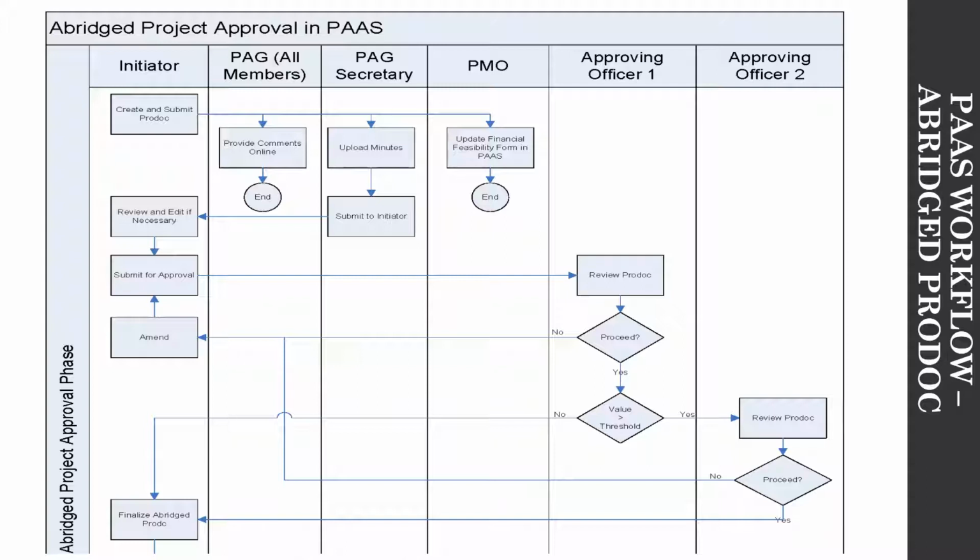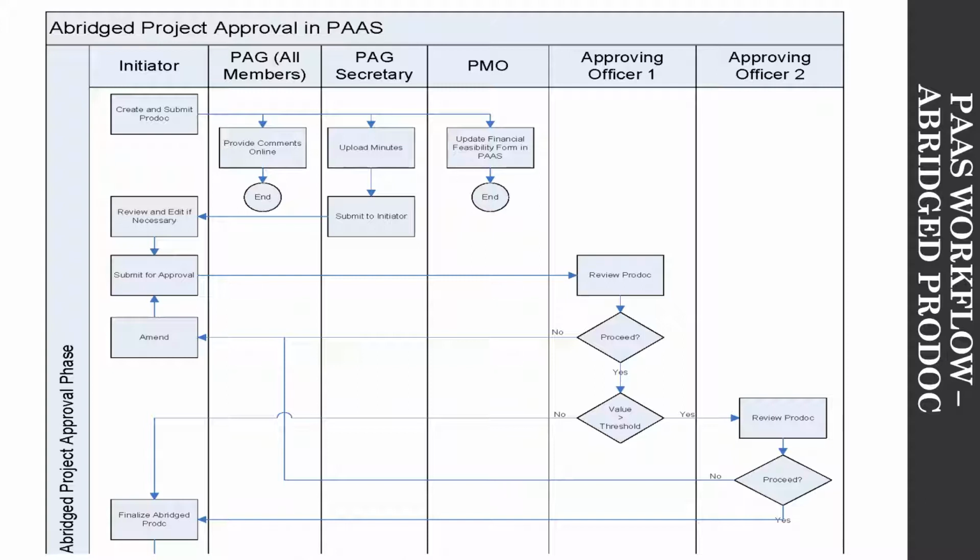At this point, the PAG members begin to review the product and provide their comments online. The PAG secretary begins to call for the meeting in collaboration with the project manager and the approving officer. The core PMO begins to perform the financial feasibility.